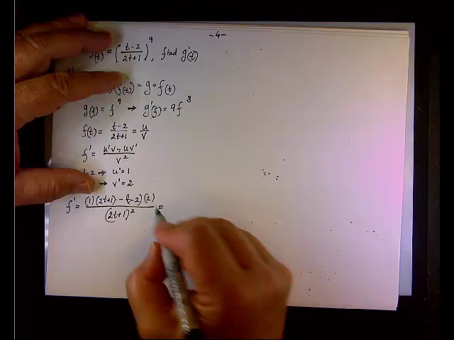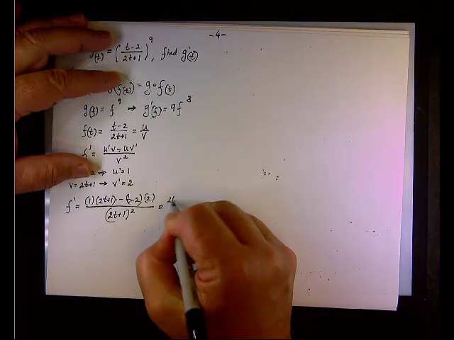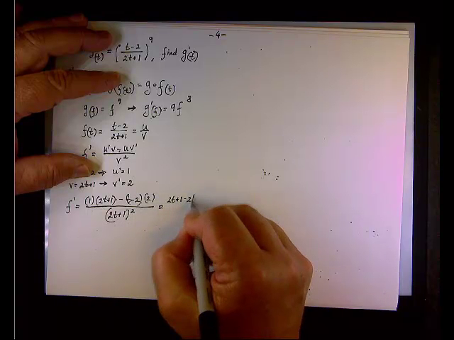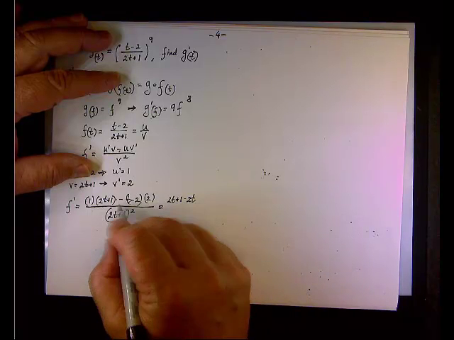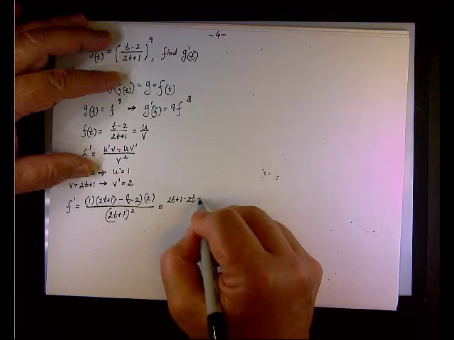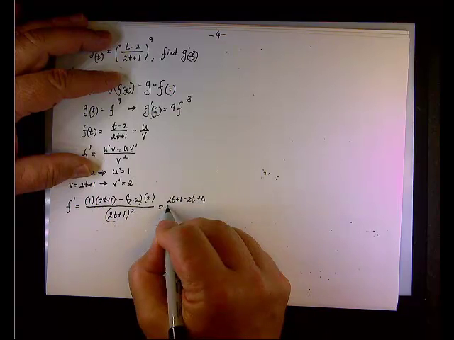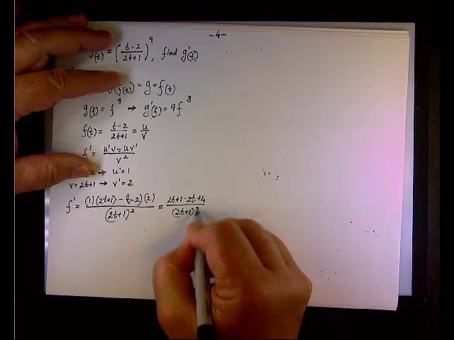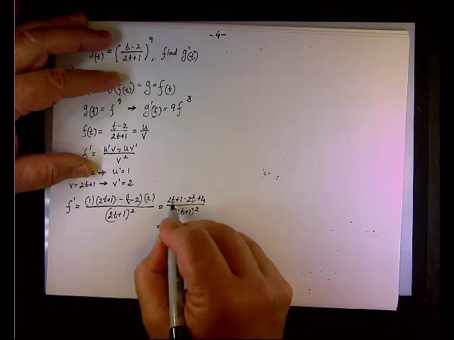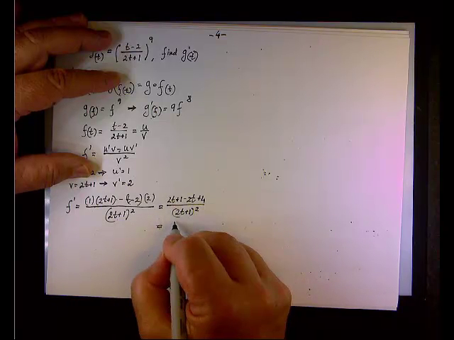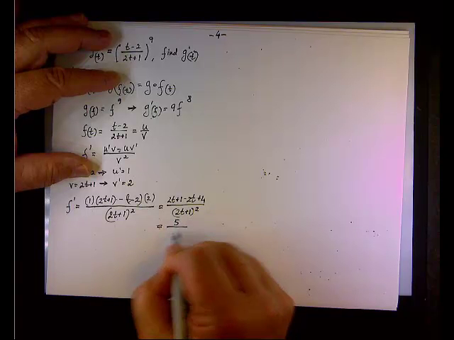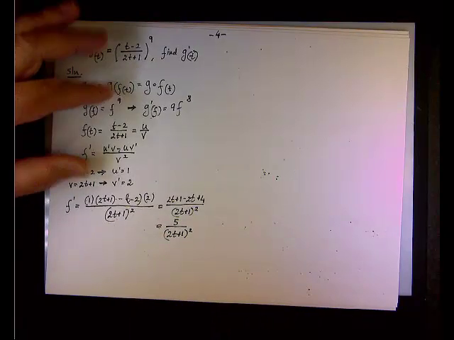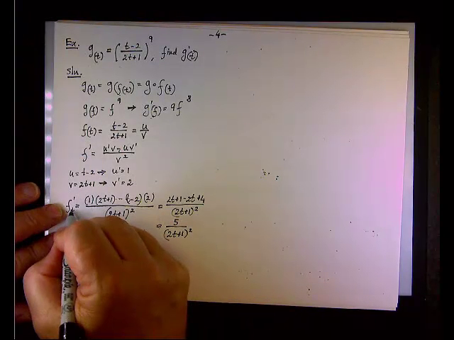And we end up having 2t plus 1 minus 2t, and then you have 2 times negative 2 and negative in front, so it will be plus 4. And at the end, we end up with 2t minus 2t and 1 plus 4. We end up having 5 divided by (2t plus 1) squared. Okay, so we have f prime of t.